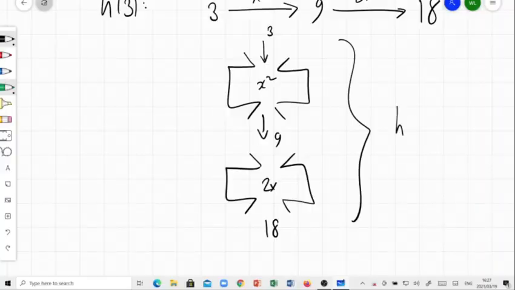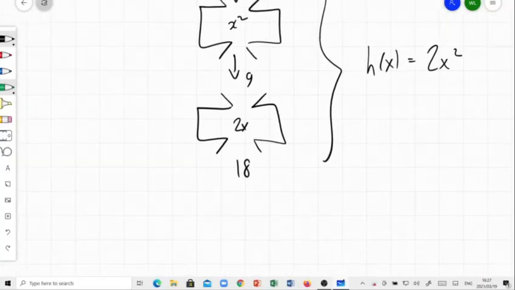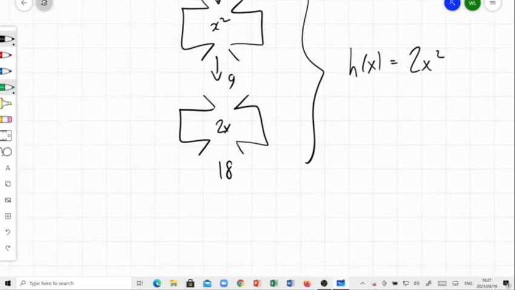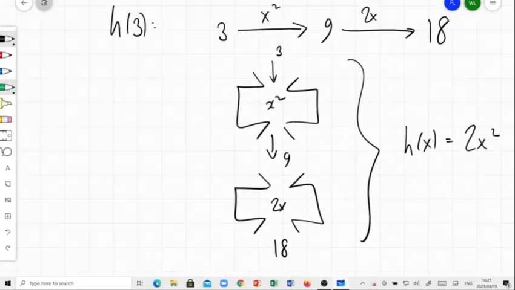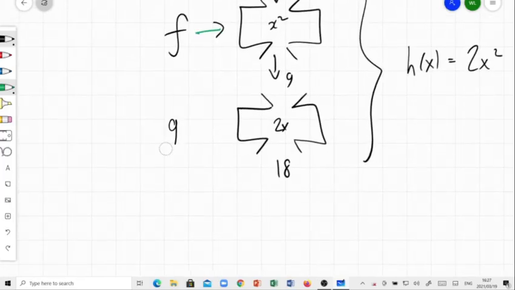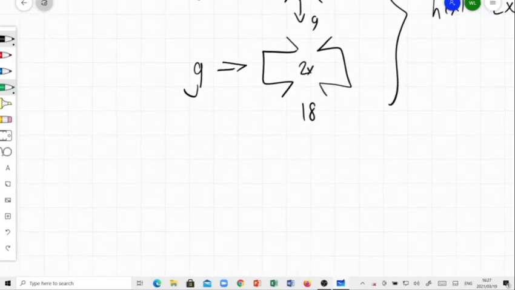And this is how I actually calculated h of x equal to 2x squared. So let's call this function f, and let's call the other function g.